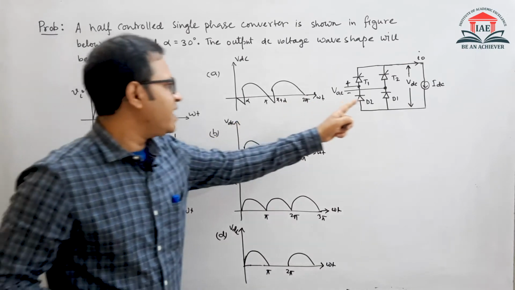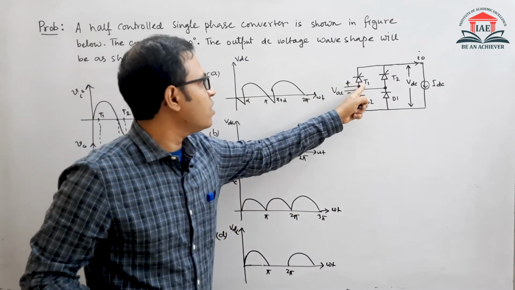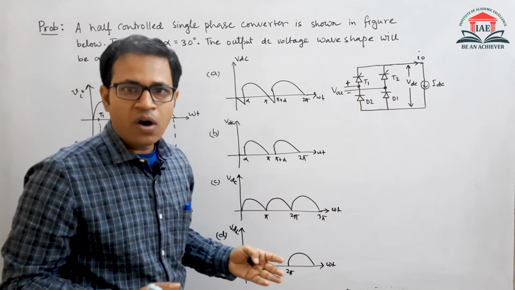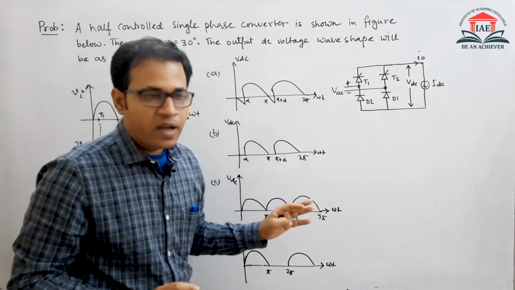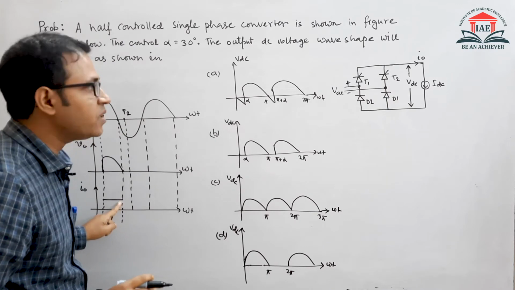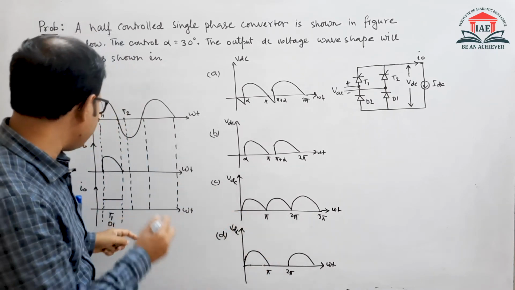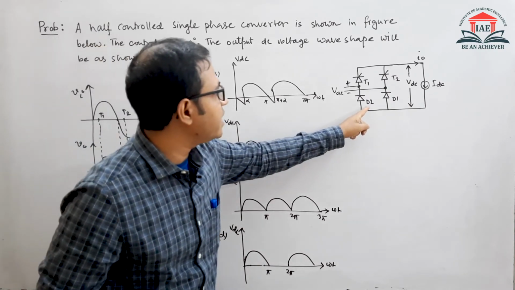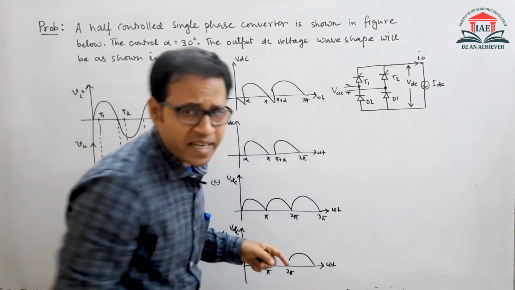See here, because the current is continuous, we must say T1 is not in off state, because only when the current through the thyristor is 0 or below the holding current do we know that the thyristor will be off. And as we see here, the current is not 0; a ripple-free continuous current is flowing. So T1 is not off. And the negative half cycle is starting here. In the negative half cycle, D2 will be forward biased, because the polarity will alter to negative and positive.